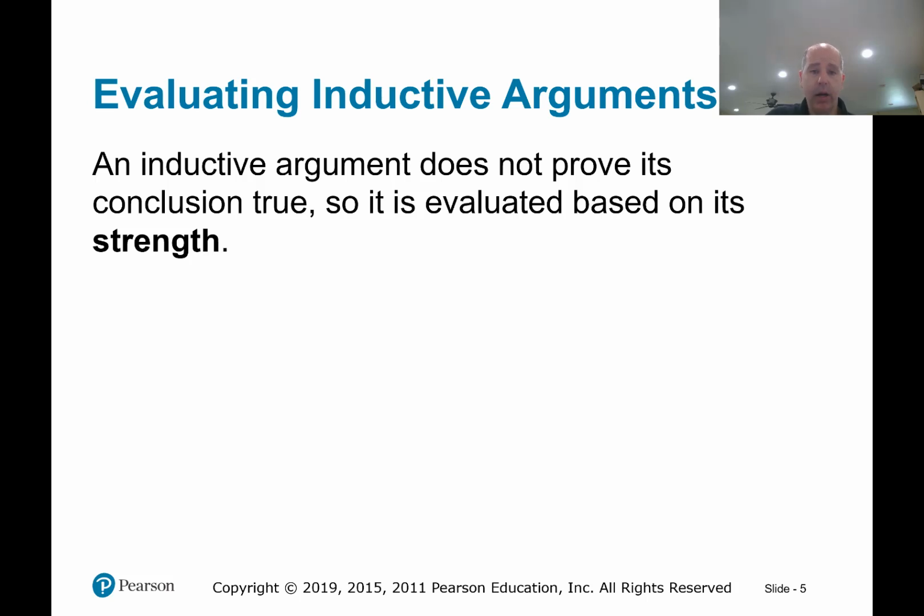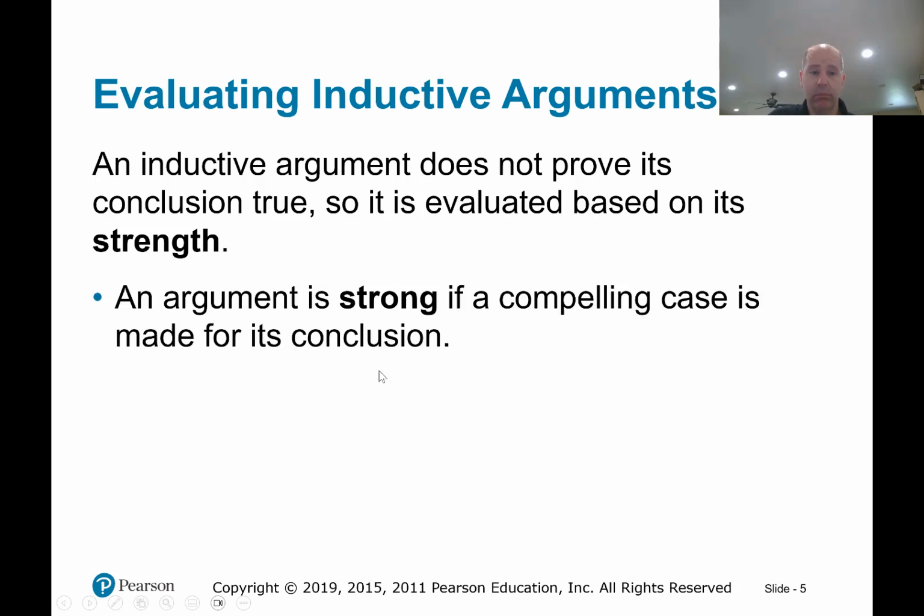Are they well supported by reason? So this is where the fallacies come in. An argument is strong if a compelling case can be made for its conclusion, which again is kind of vague, but what it means is that the reasoning behind it is strong. The reasoning behind it connects in a nice, cogent manner.